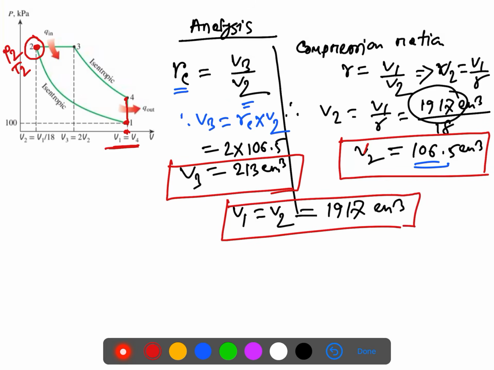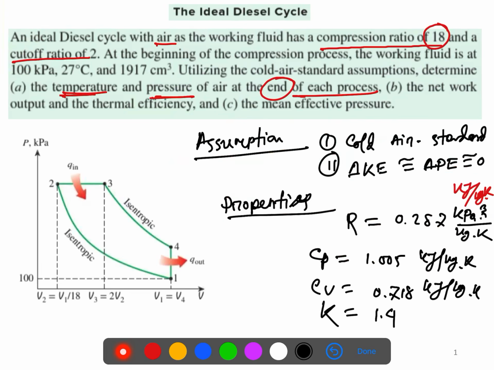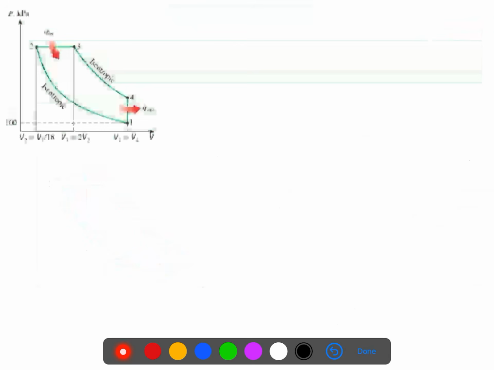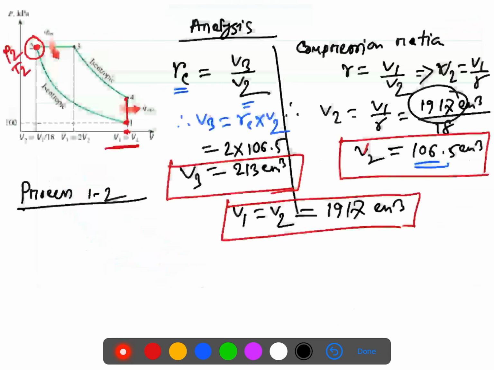Now we will calculate process 1 to 2. For process 1 to 2, what is the change? It is an isentropic change. For isentropic compression of an ideal gas with constant specific heats, we know this formula from a previous week.